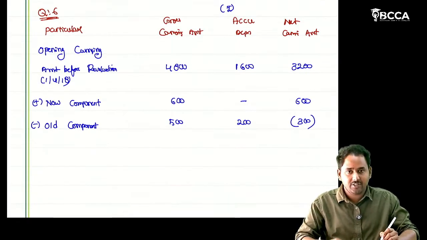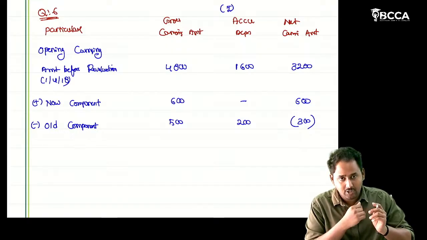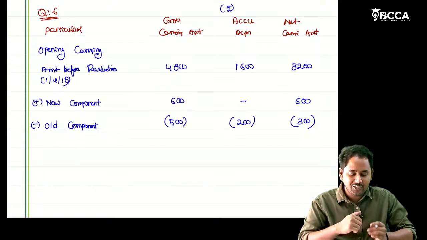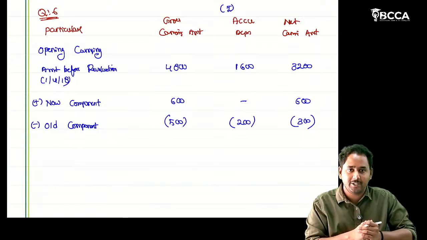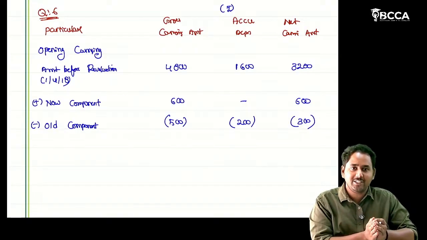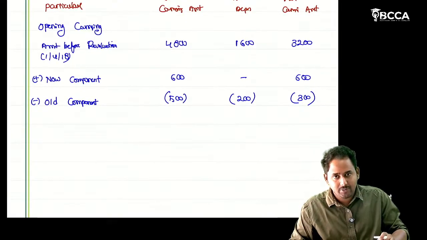This 500 should be deducted from the gross carrying amount, and this 200 should be deducted from the accumulated depreciation, because the asset is going out. The accumulated depreciation with respect to the asset should also be derecognized from the balance sheet.